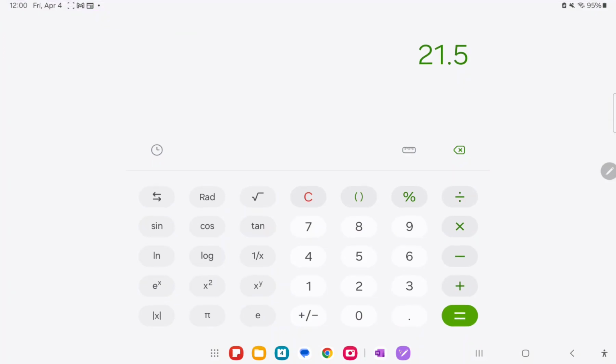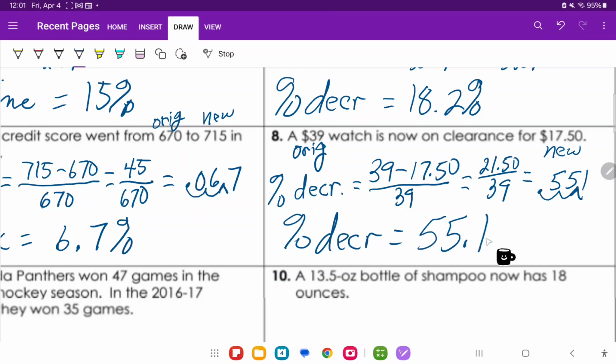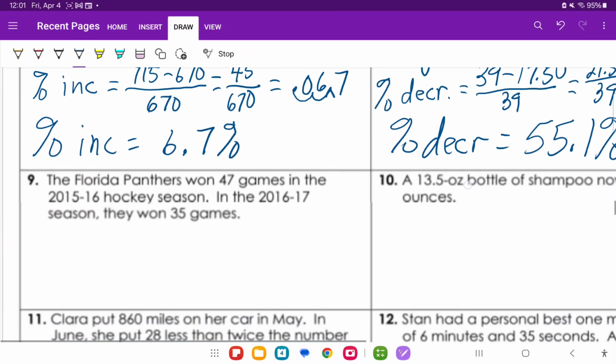So 21.50 divided by 39. That's going to give us 0.5512. So put that right there. The 2 does not cause it to round up. So that is 0.55112. So my percent of decrease is 55.1%.